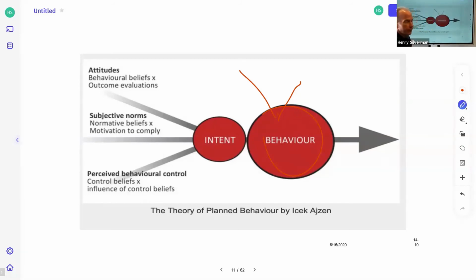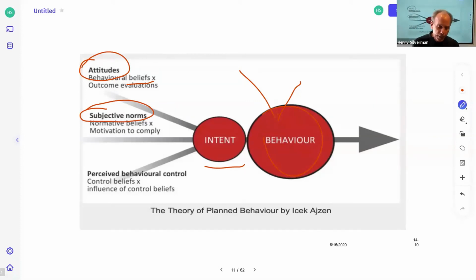And the theory of behavior is very interesting. Right before someone acts, there's an intent, but we need to look at attitudes, behavioral beliefs, subjective norms, control beliefs. Essentially, what I'm trying to say is that in order to change behavior, we need to know what drives behavior.